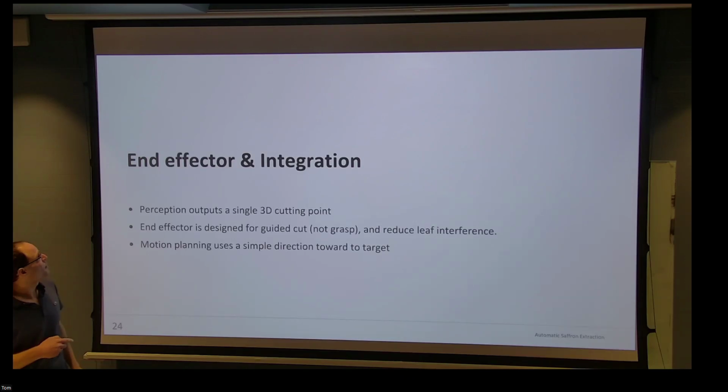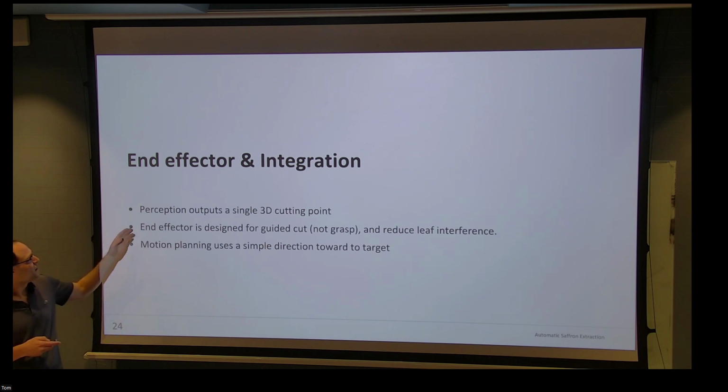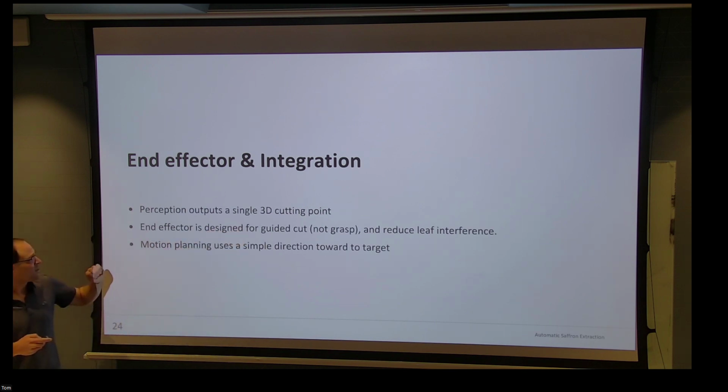Okay. Now we want to talk about the end effector. We don't just use a big gripper that catches all the leaves together. It will not work in this situation. We have a small environment. And we want to use our 3D position to guide the end effector without interfering with the other leaves too much.